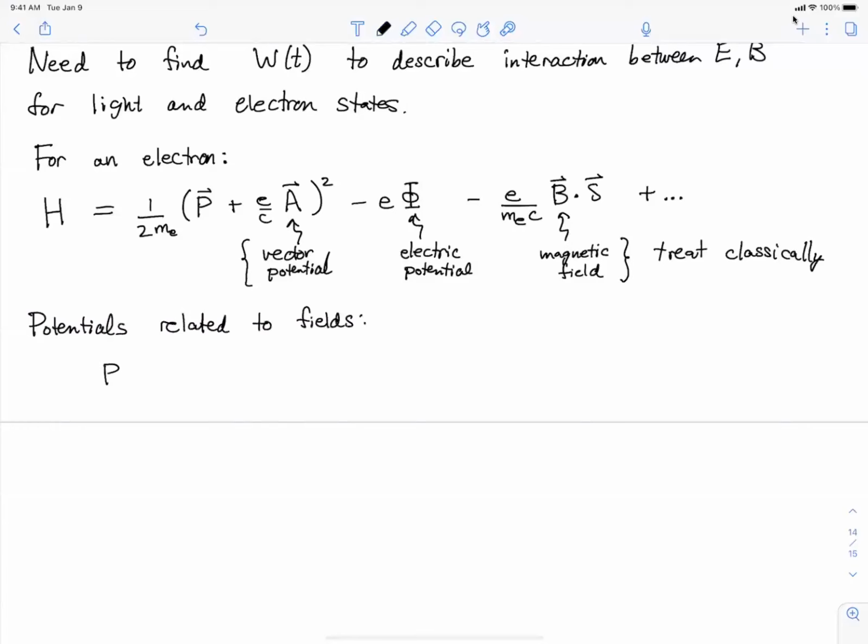The magnetic field is the curl of the vector potential. And the electric field is minus the gradient of the potential. That would be true if we were doing statics. But if we're doing time-dependent fields, there's another factor: minus 1 over the speed of light times the time derivative of the vector potential.